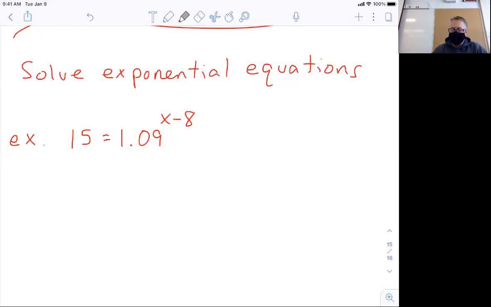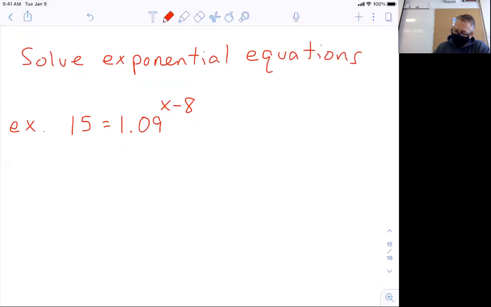I don't know how to do that in my head. But what I can do is put this into log form. Remember when we put it into log form, this is going to become the base of the log. So this would be written as log base 1.09 of 15 is equal to x minus 8.